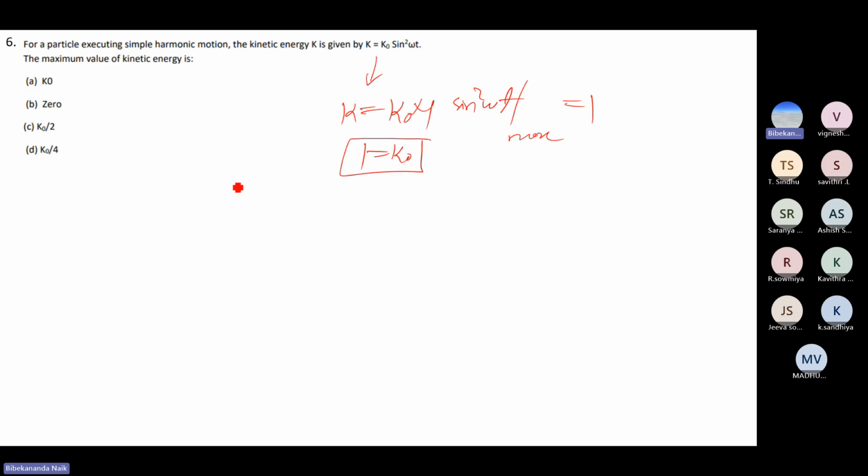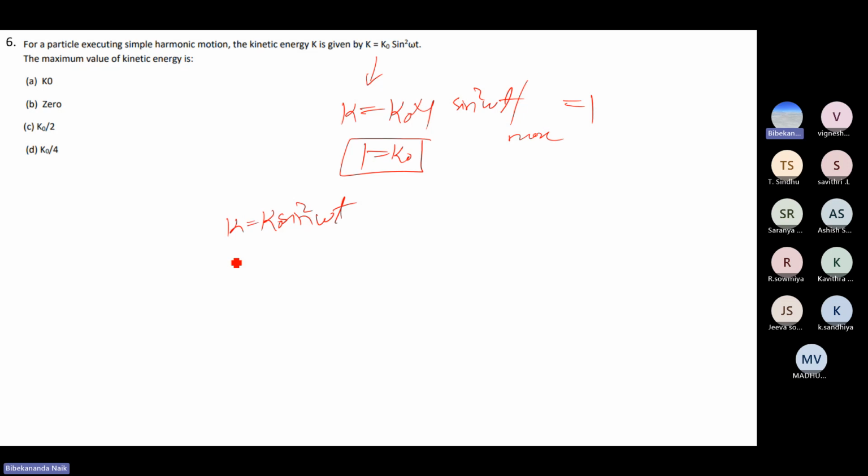But if the question is when the value will be maximum, then what we can do? First, taking the derivative. K equals K0 sine square omega t.